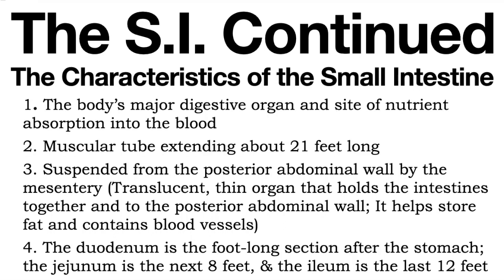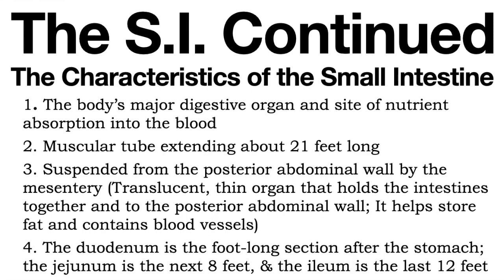The small intestine is generally going to be the main site of absorption of the nutrients. So we have the villi and microvilli. We have the small intestine extending about 21 feet. It's the longest organ in the digestive system.